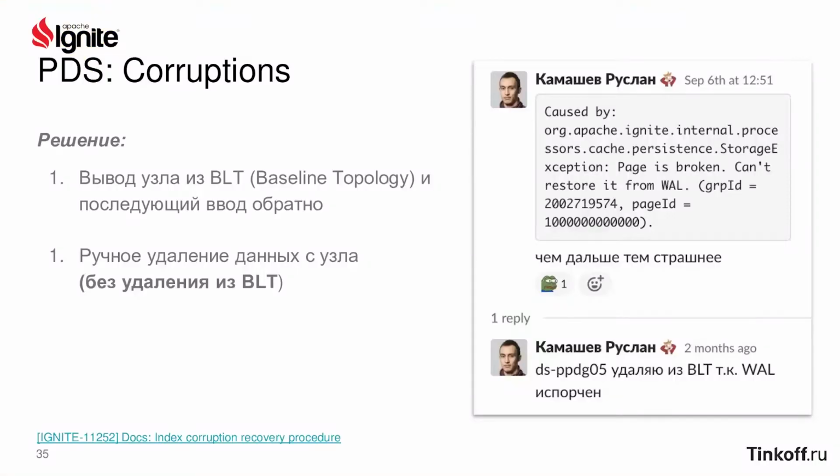Checkpoint corruptions happen sometimes, too. We already know ways to solve this. The first one is when a node is stopped, removed from baseline topology, and returned back.